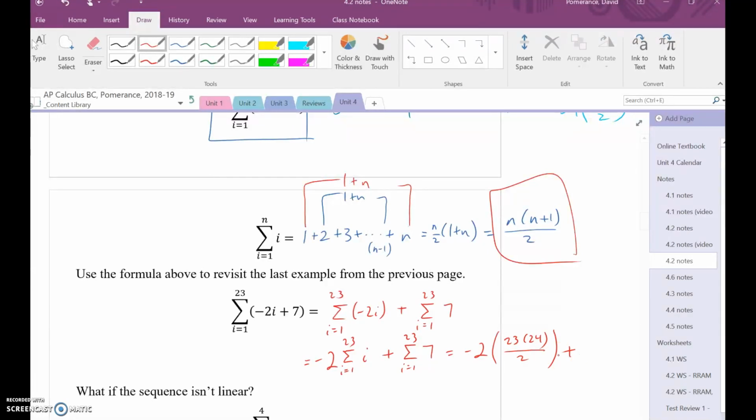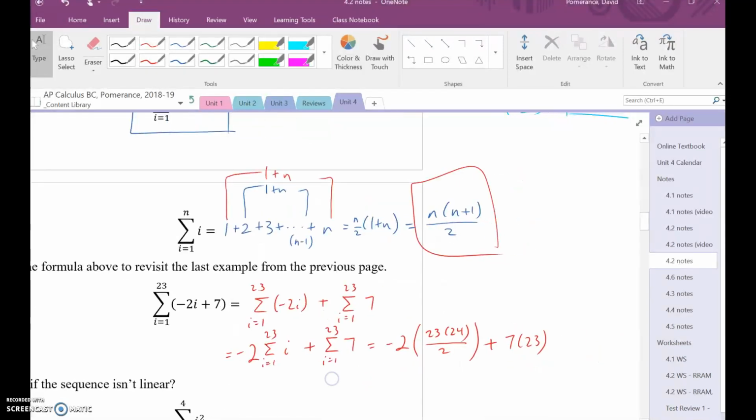Now I've got to do 7 from 1 to 23. But think about what that means. That says 7 plus 7 plus 7 plus 7 plus 7, and we've got 23 of them. So we're just going to say 7 times 23. So I'm just going to do a quick calculation here. I'm going to do 23 times negative 24 plus 7 times 23, and it's going to give me negative 391.